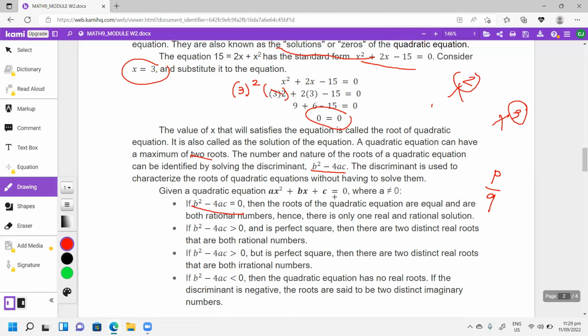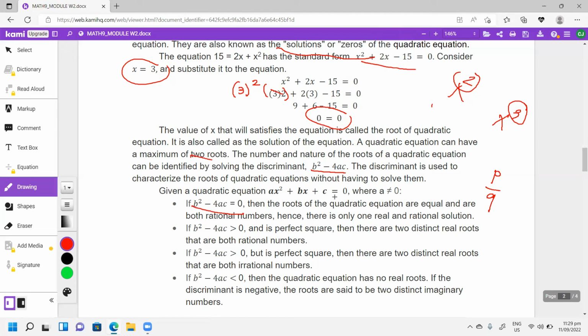P is an integer and q is also an integer, where q must not be zero, or q must be a non-zero denominator.